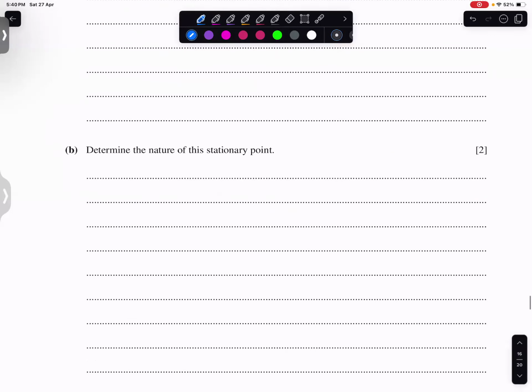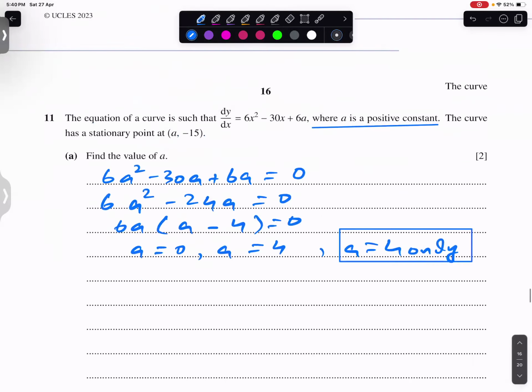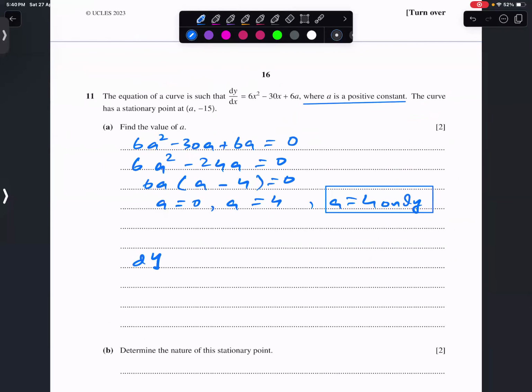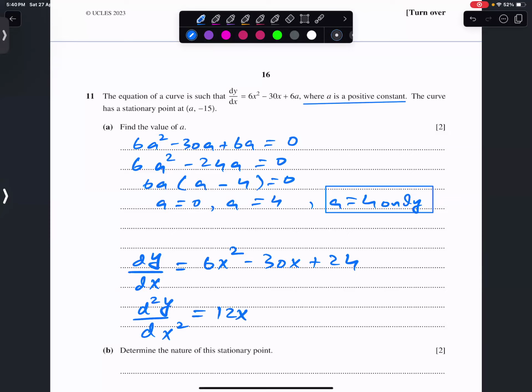Determine the nature of this stationary point. So how to check the nature? We will take the double derivative. Let's write the first derivative here. So dy by dx is equal to 6x square minus 30x plus 24. Now let's take its second derivative: 12x minus 30.